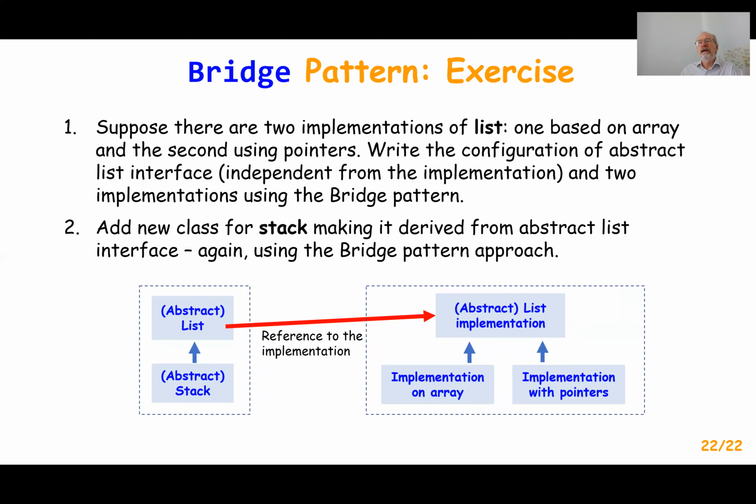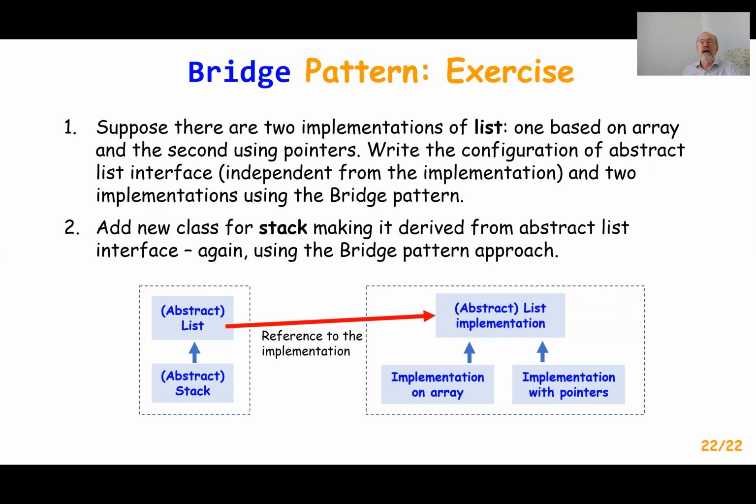And we know, at least we intuitively feel, that the list can be implemented in different ways. Probably the most direct, a little bit stupid implementation is to use an array for representing lists. Another, a little bit smarter implementation assumes using pointers.